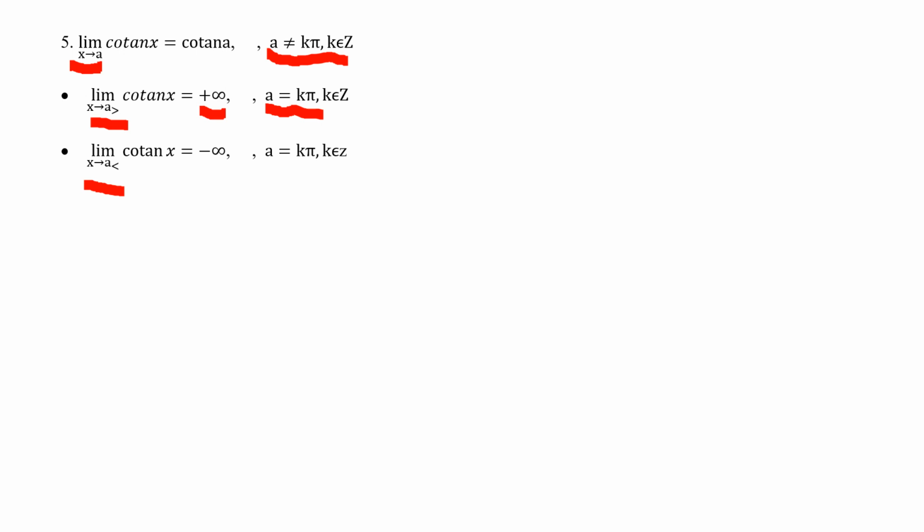So the limit as x tends to a from the left hand side, cotan x will tend to negative infinity, where a is equal to k pi, where k is an integer. So that is the property of cotan. It is almost the same as the property of tan, but for the domain of definition, here they are excluding k pi, but on tan they are excluding pi over 2.